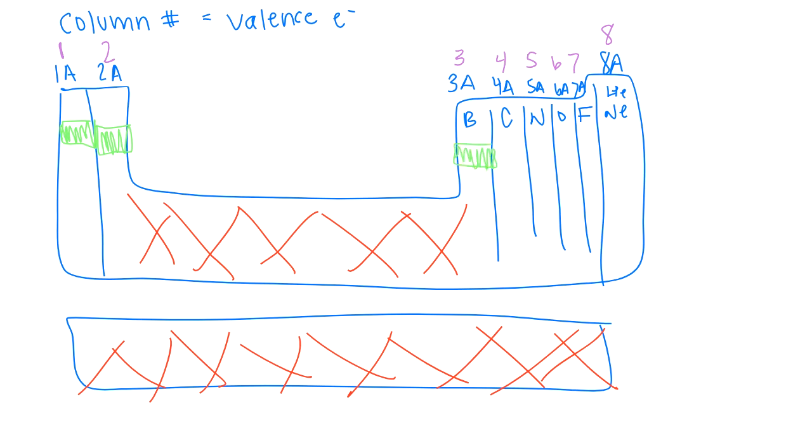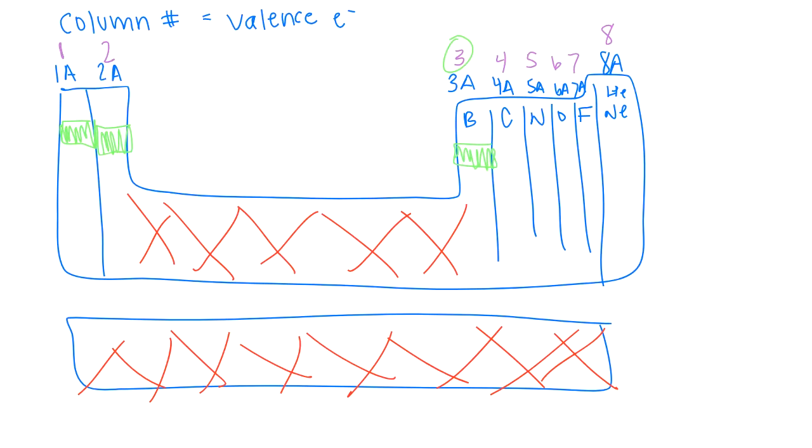So we have two s's and one p. 2 plus 1 equals 3. 3 is our number of valence electrons. So we can find our number of valence electrons either way. The easiest way, in my opinion, is just to count what column we're looking at.